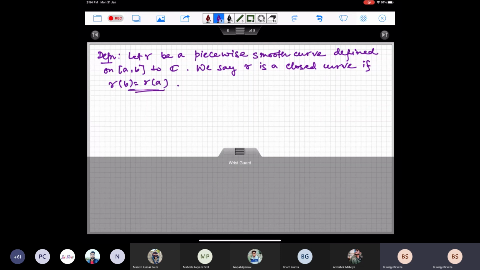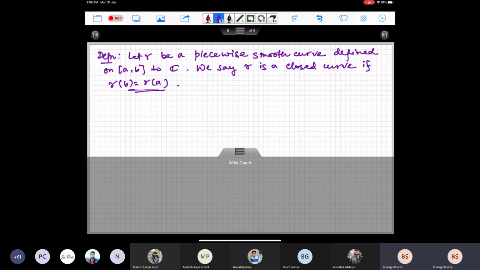Okay, so if gamma of b is equal to gamma of a, then we will say that our path gamma is a closed curve. Here in the closed curve itself, I am putting the condition that my path is a piecewise smooth curve, so that when I just write closed curve, I don't have to write piecewise smooth each time.